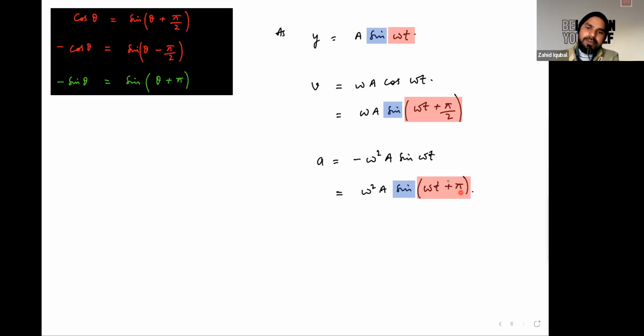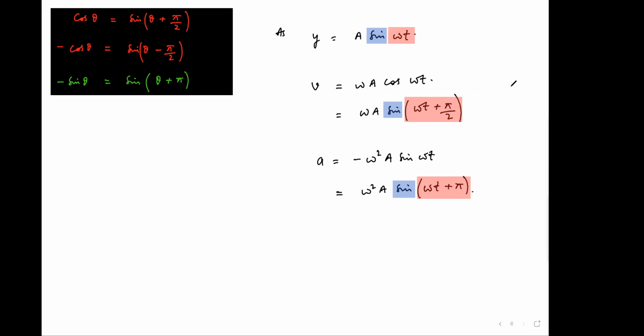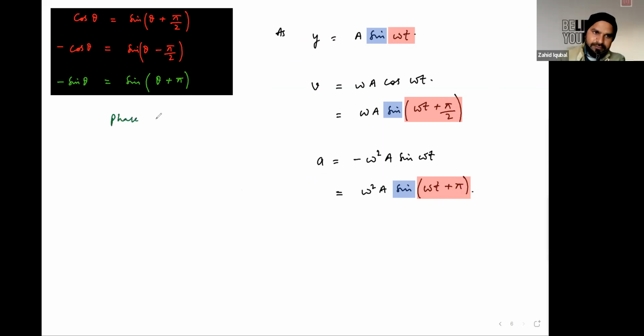What can you say about this acceleration, which has omega t plus pi? If you compare it with displacement, you'll say the phase difference between displacement and acceleration is pi. Is it clear? Yes, sir. So we may write the phase difference.